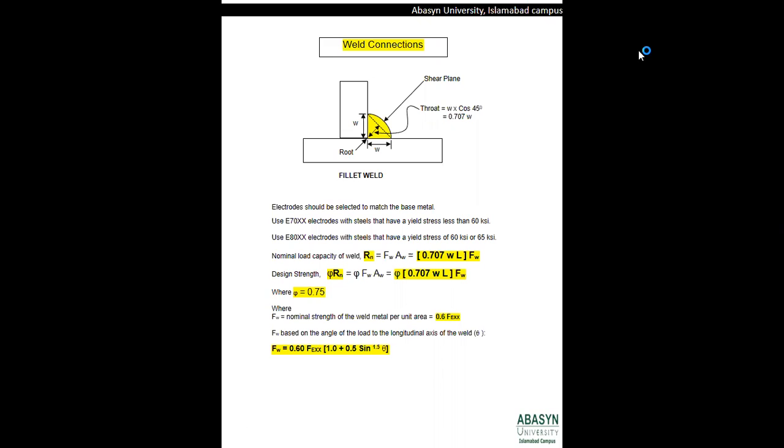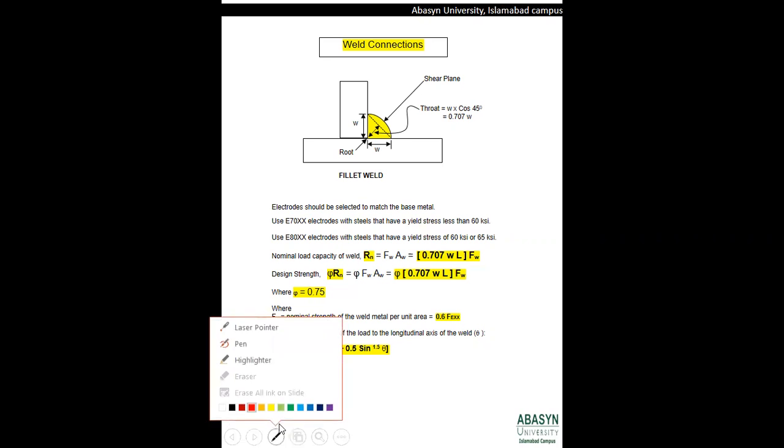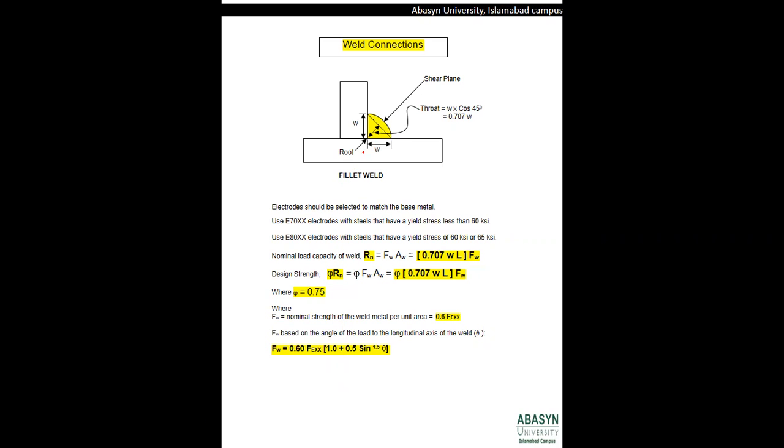In the last class I told you that whenever we weld a connection, there is always a root where the weld has been initiated, and the size of the weld is called the size of the leg. The leg is basically the length or width of the weld that you use to join the different parts of the steel structures with each other.